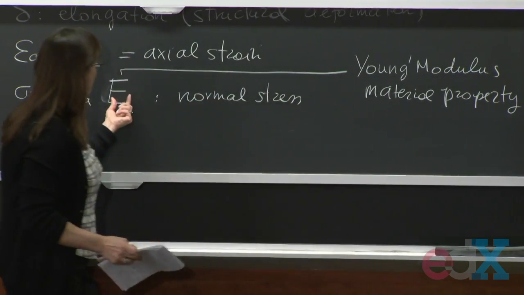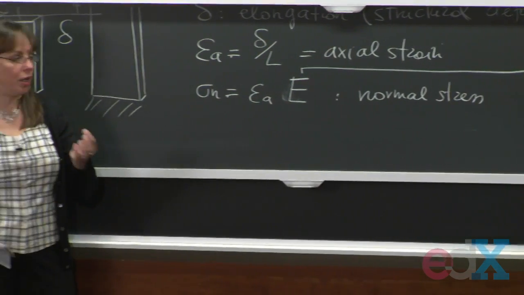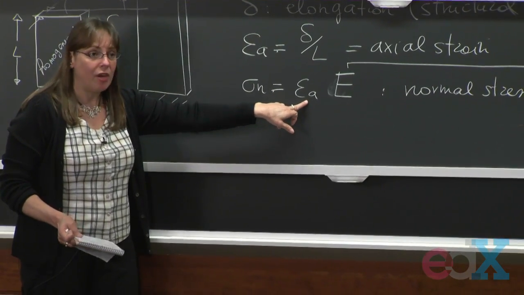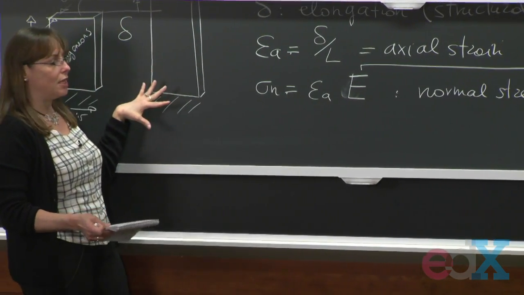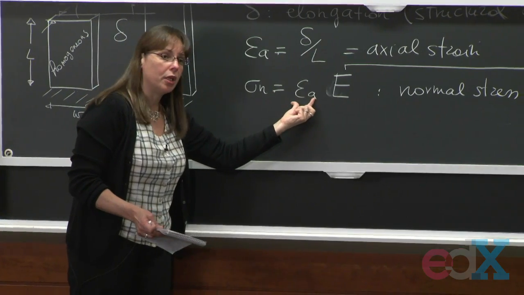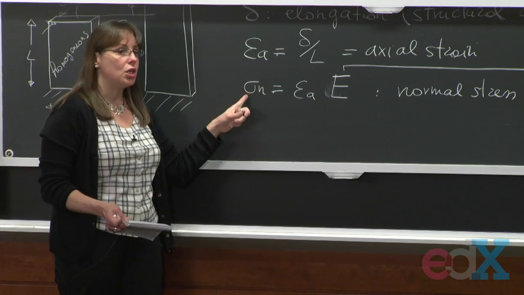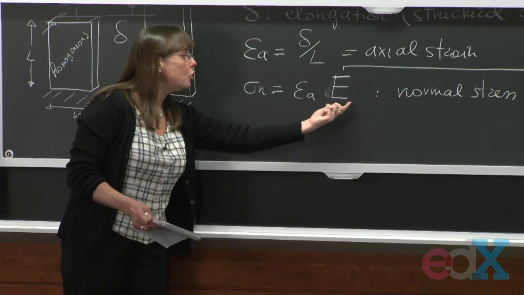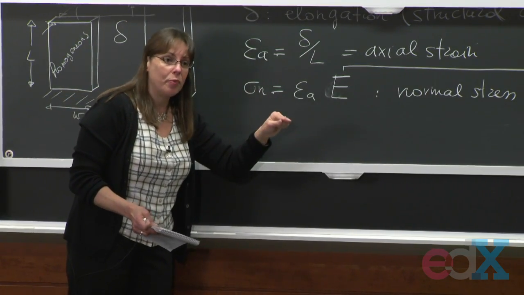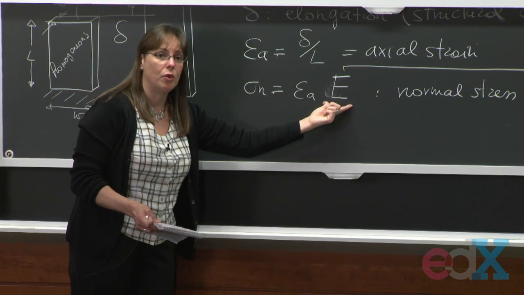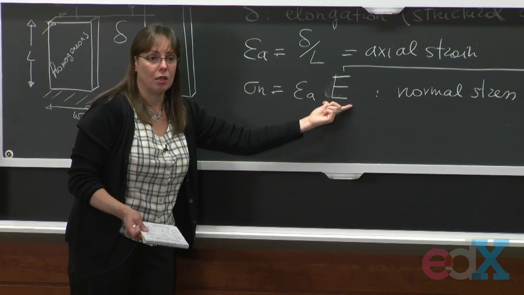The Young's modulus is something that's defined at every point. The strain is defined at every point. In this case, it happens to be the same everywhere, but it's defined at every point. And the strain is connected to the stress at that point through the material properties at that point, that in axial loading, the only one we need to worry about is the Young's modulus.